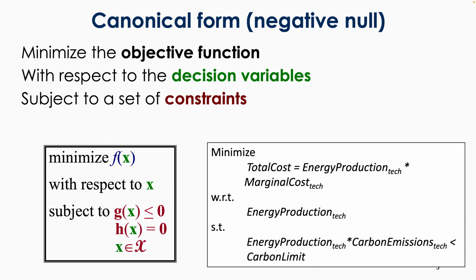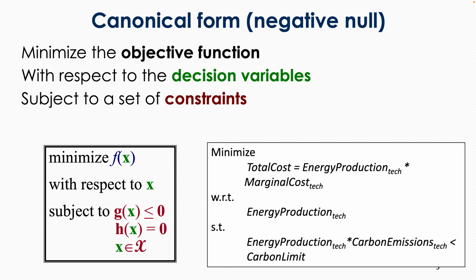Depending on how much energy I produce, there's a cost associated with producing that energy from every technology. If I sum all of that up, I'll have some kind of total cost. And the basic idea is I can change, with respect to, WRT, that's talking about the decision variable.